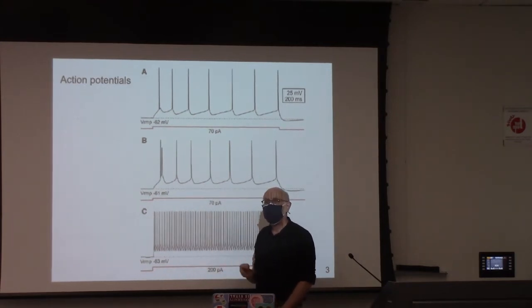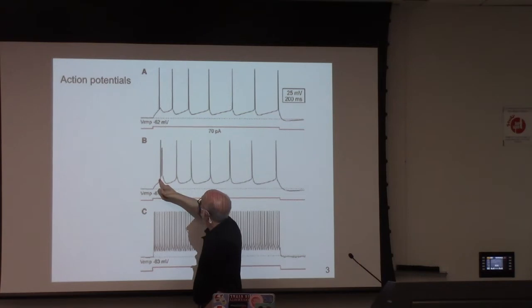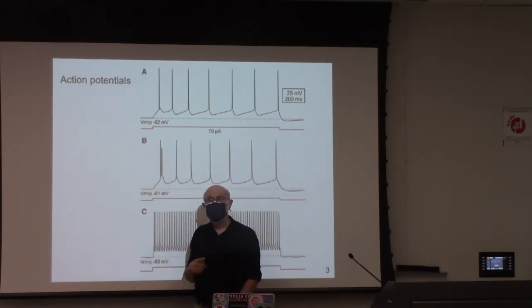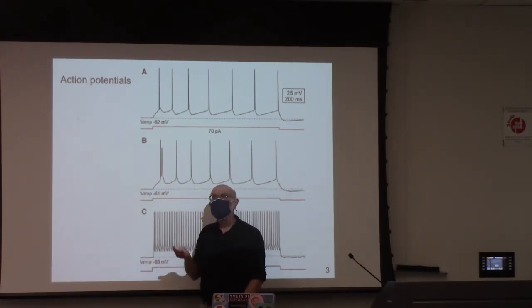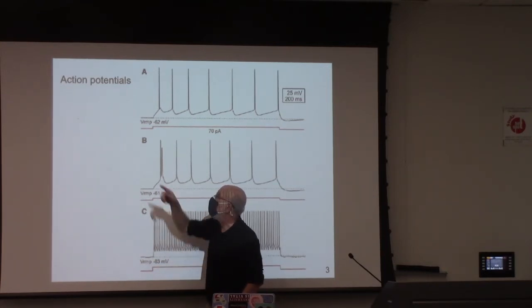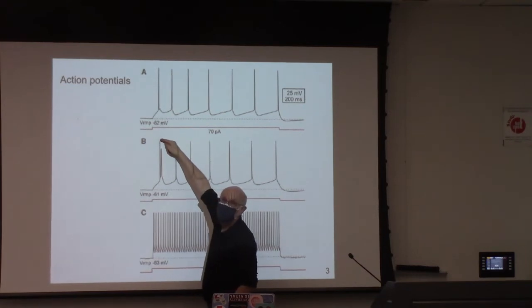Threshold is the voltage at which enough voltage-gated sodium channels have opened, enough to cause the rapid positive feedback loop. Sodium channels open, sodium influx causing depolarization, depolarization opening more sodium channels until they are all open and we get to the peak of the action potential.